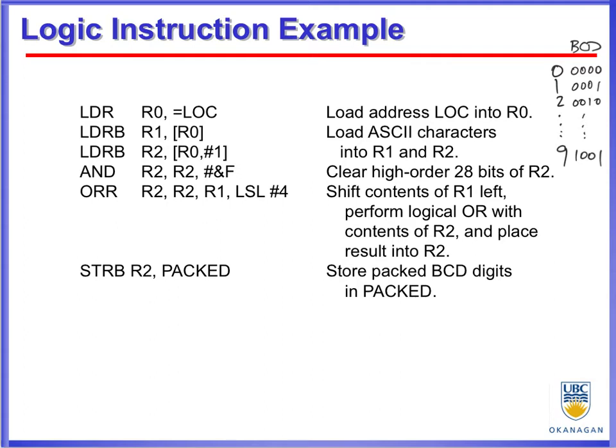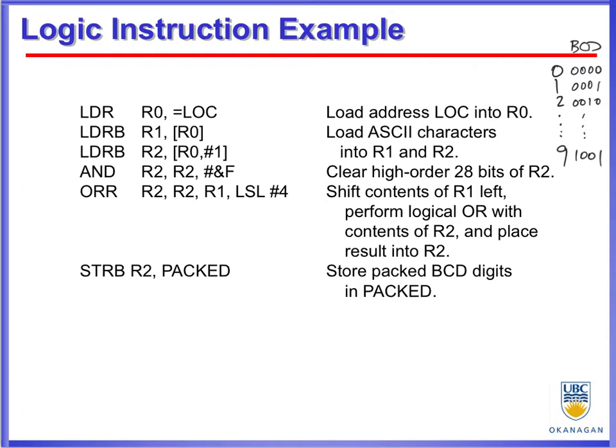Now it's not coincidental, it was intentionally made the case that when the ASCII codes were developed, these 10 decimal digits do have an ASCII code each, and that ASCII code consists of 7 bits.